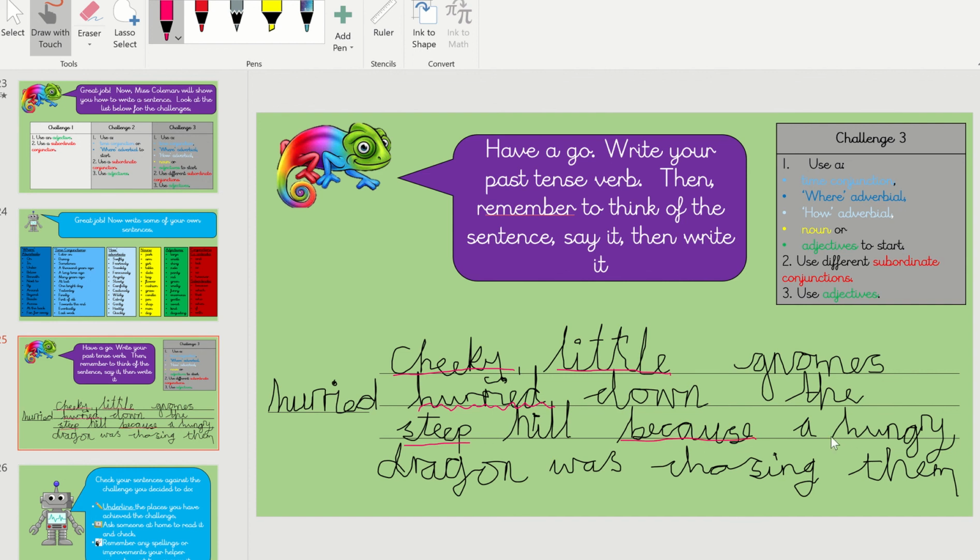A hungry dragon. I've got another adjective. Oh, I've got 4 adjectives today. Was chasing. The hungry dragon was chasing them. Uh-oh. Forgot my full stop. Right, okay. Let's have a look.